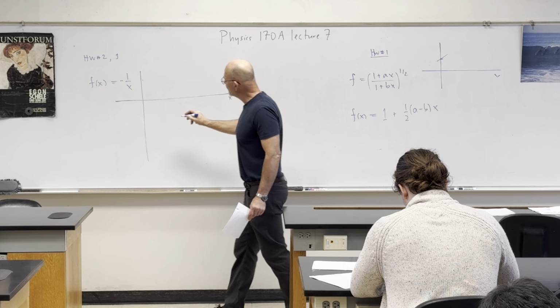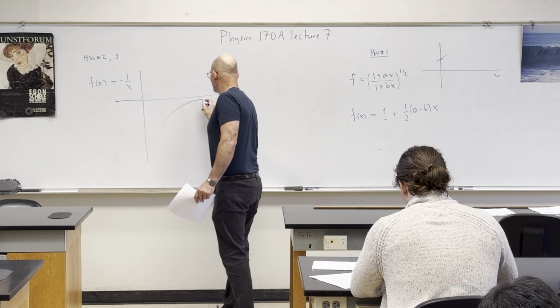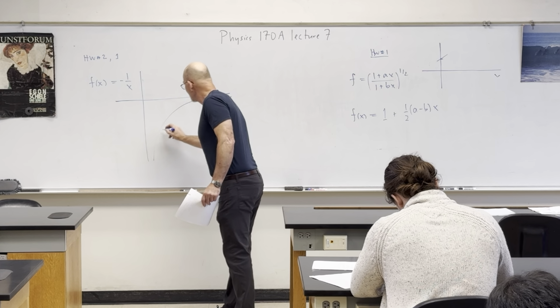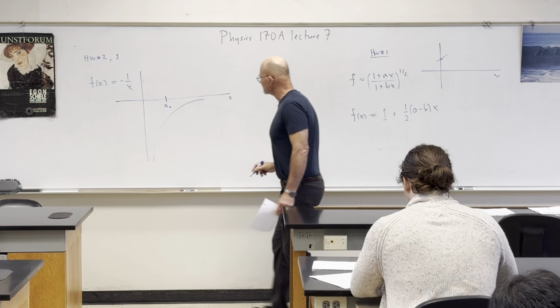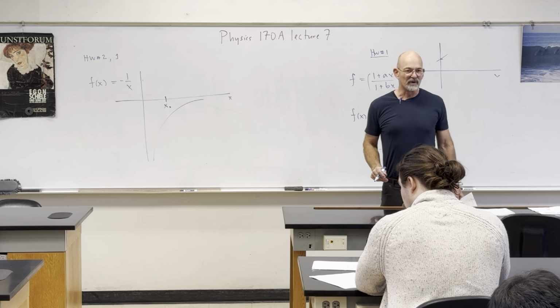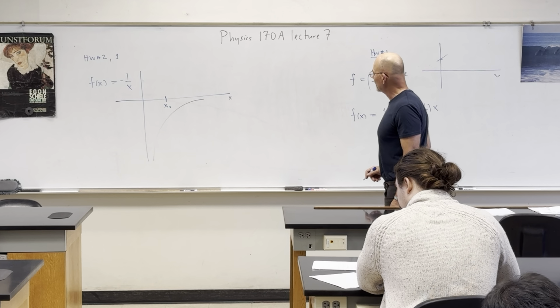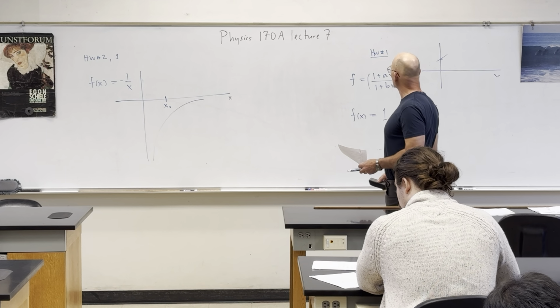We know that this function looks for positive x, looks something like this. Okay. And we're going to expand it around x sub 0. So what I did was I asked for first order and all orders. Okay. And you could just do all orders and peel out the first order.